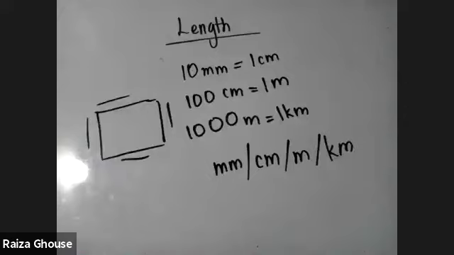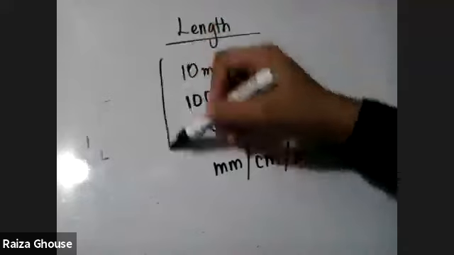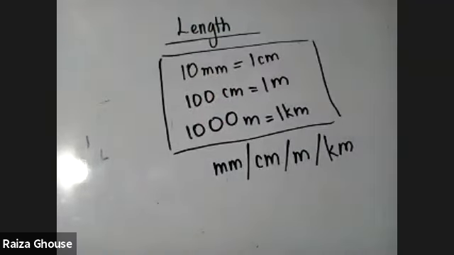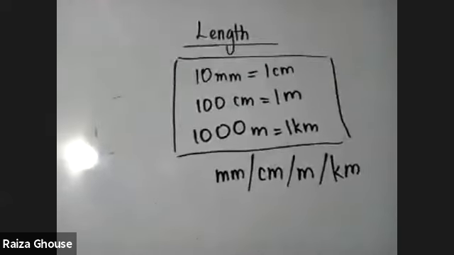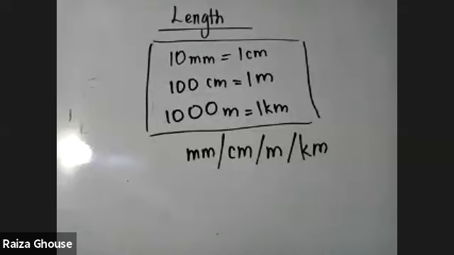Copy down these units. Right. Then after that, you have to copy down the relationship. Below that, draw a box and copy down these important relationships. Even in this lesson, we'll be using this one.